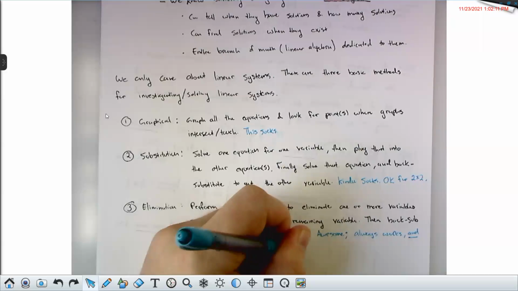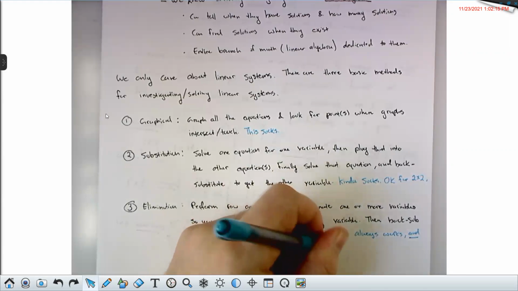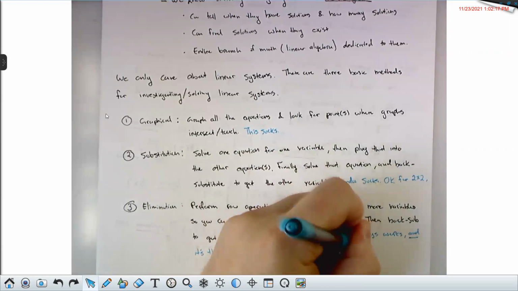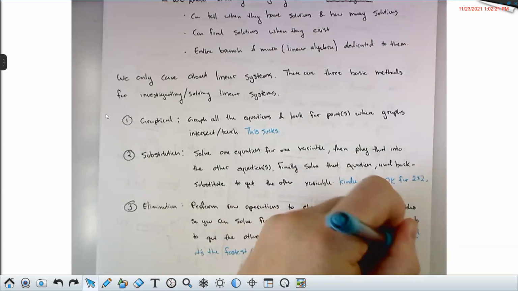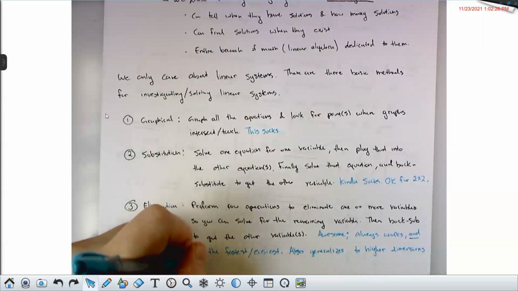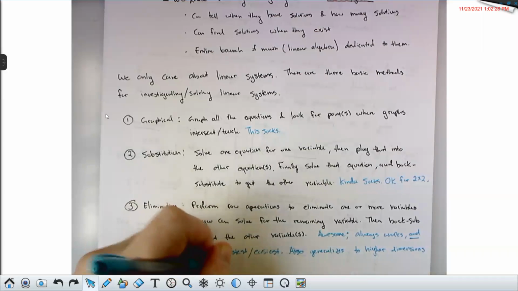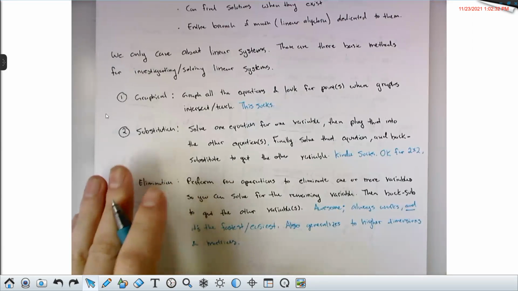Also, this generalizes to higher dimensions, including infinite dimensions and matrices. So we really like elimination.